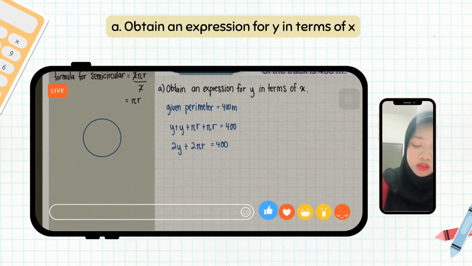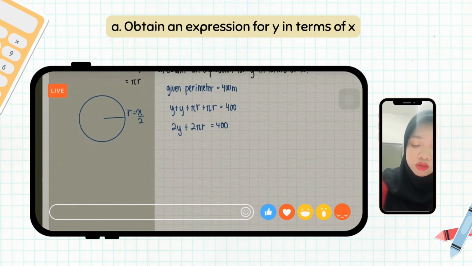And then we got the equation. We need to know that r is also equal to x over 2. The full circle part is actually coming from the 2 semicircular, so the x is half, which is the diameter of the circle.